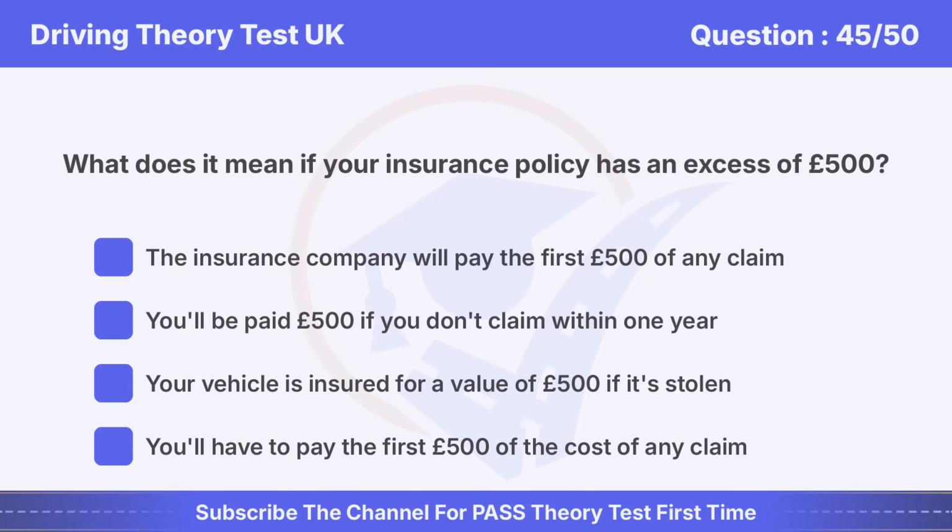D. You'll have to pay the first £500 of the cost of any claim. Answer is D. You'll have to pay the first £500 of the cost of any claim.